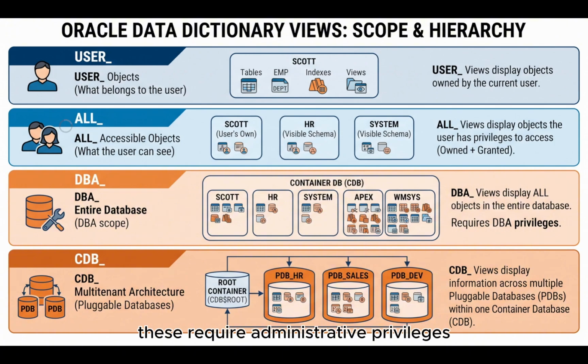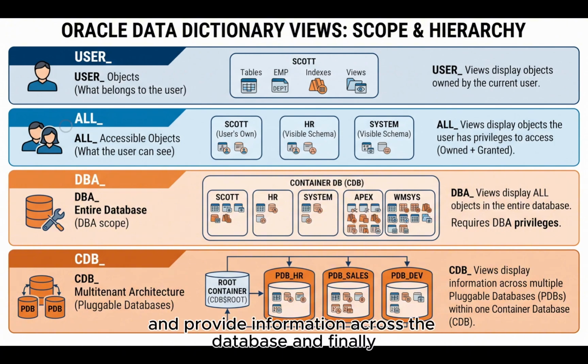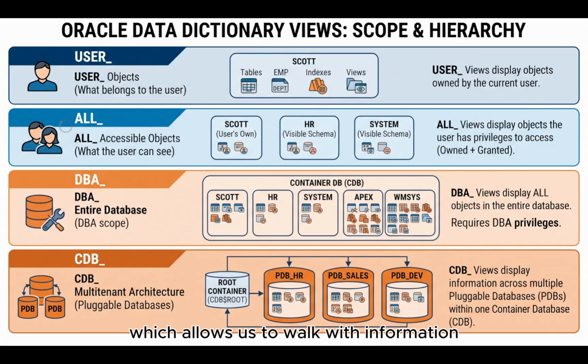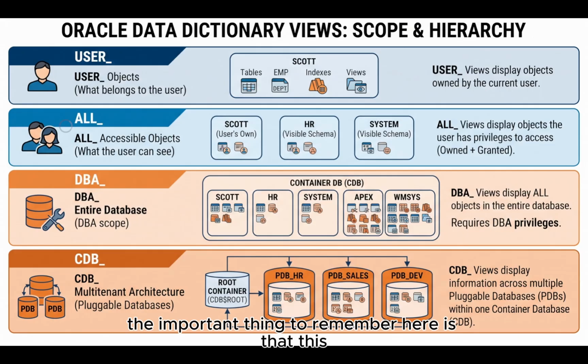These require administrative privileges and provide information across the database. And finally, when we are working with an Oracle multitenant environment, we have CDB_ views, which allow us to work with information across the containers. So the important thing to remember here is that these different prefixes help determine the scope of the information we are looking at.